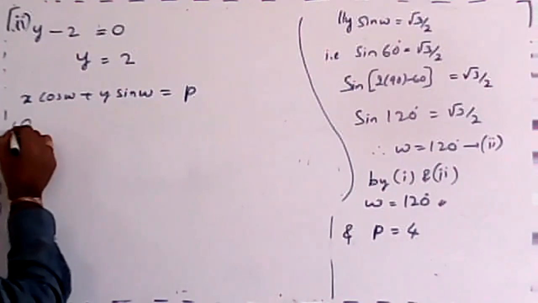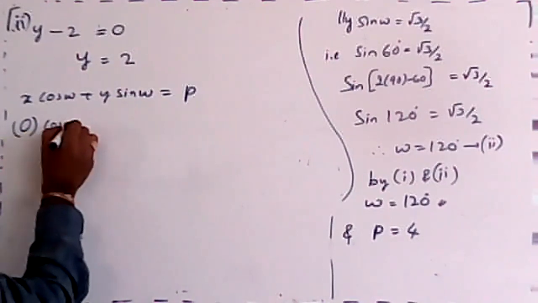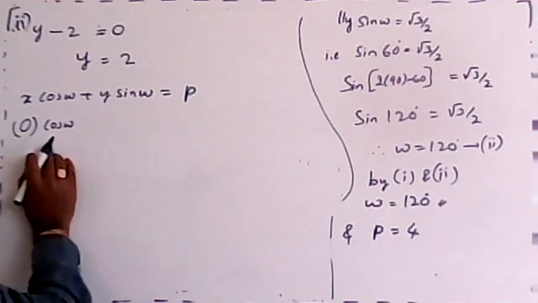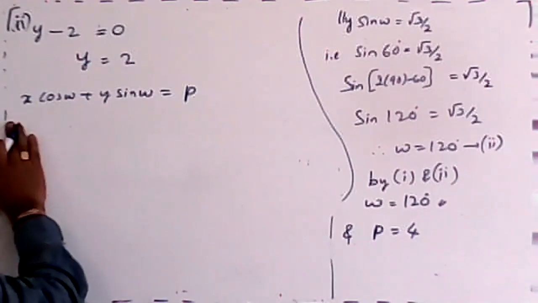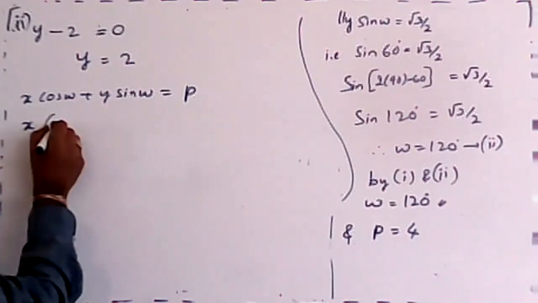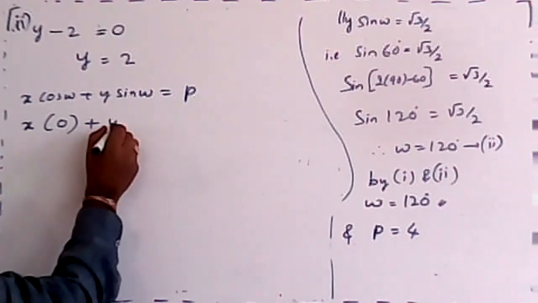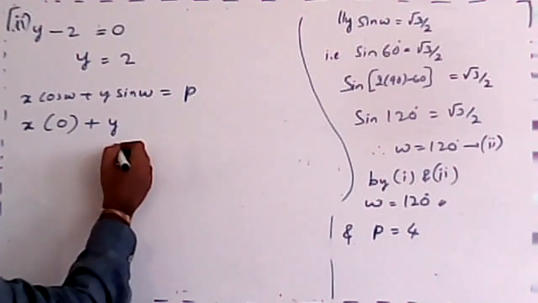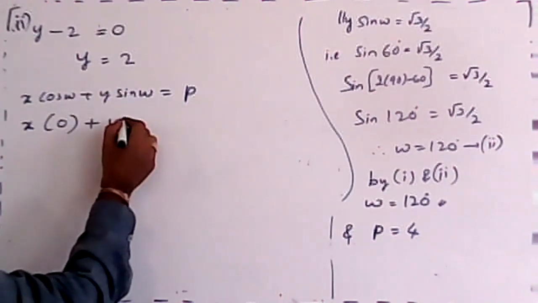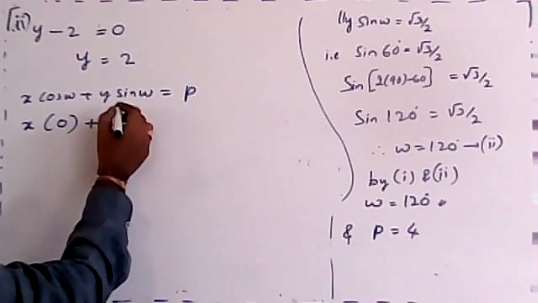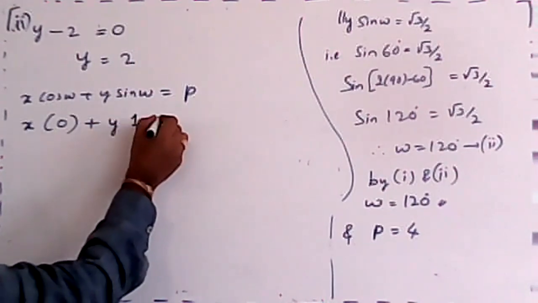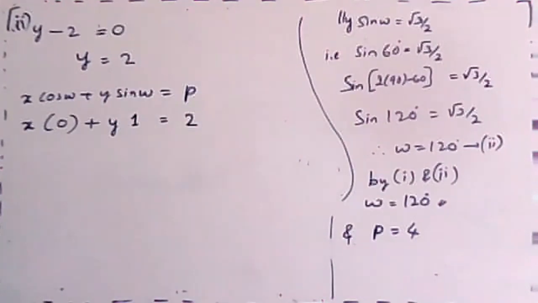X is not given, so I write 0 cos omega, nothing but cos omega as 0, plus y as sin omega, it's 1. P is how much? 2.